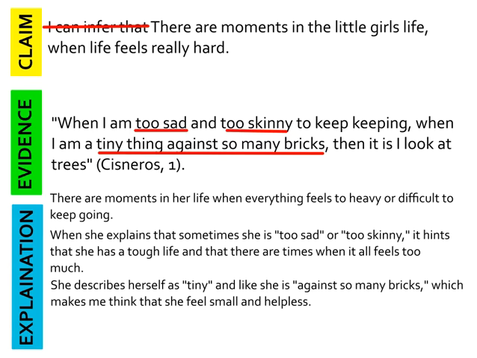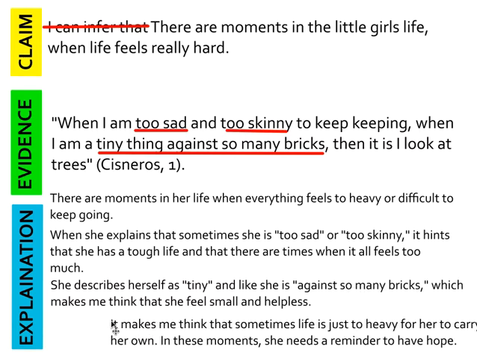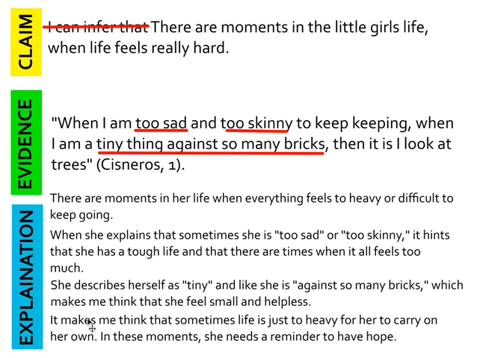So now my job is to really make sure that I explain all of the steps that I took in my thinking to make that inference. It makes me think that sometimes life is just too heavy for her to carry on her own, right? The too many bricks is too heavy for her to carry on her own. In these moments, she needs a reminder to have hope.